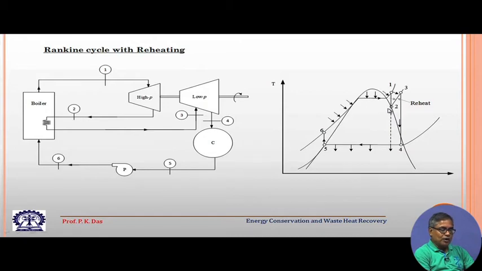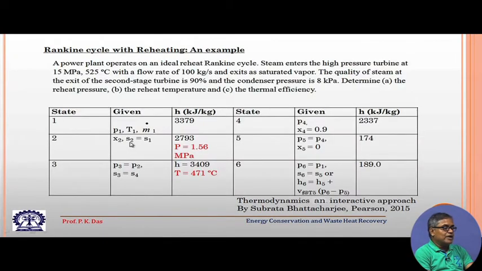So, you see, for determining state point 2, we have two conditions. We know the entropy and we know that it is in the saturated vapor condition. So, S2 is equal to S1, and x2 is known, that is, x2 is equal to 1. Knowing S2, we have to determine from the steam table at which condition the saturated vapor will have the same entropy as S1.